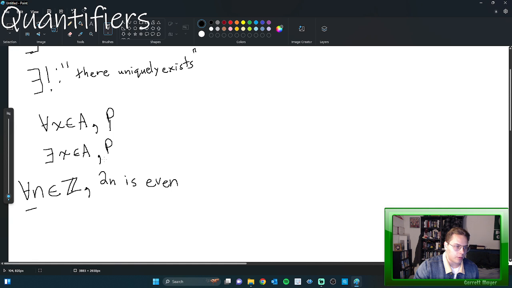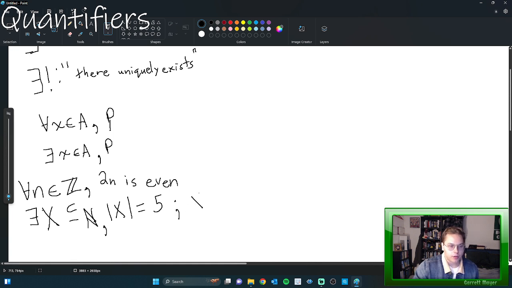Another example where we use the there exists: there exists a subset of the naturals where the size of the subset is 5. This is a pretty trivial claim. All it's saying is there exists at least one subset.